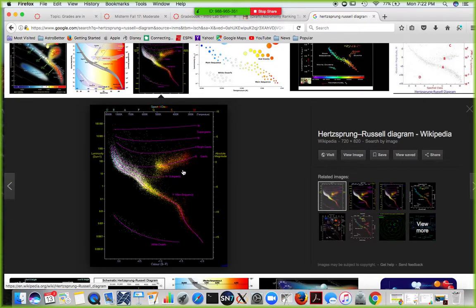This is an example of a Hertzsprung-Russell diagram. It's a diagram that relates, in the vertical axis, the y-axis, the energy the star itself produces. It's called luminosity. And in the x-axis, this horizontal axis here, some diagrams present temperature in such a way that the highest temperature is on the left-hand side and the lowest temperature on the right-hand side.